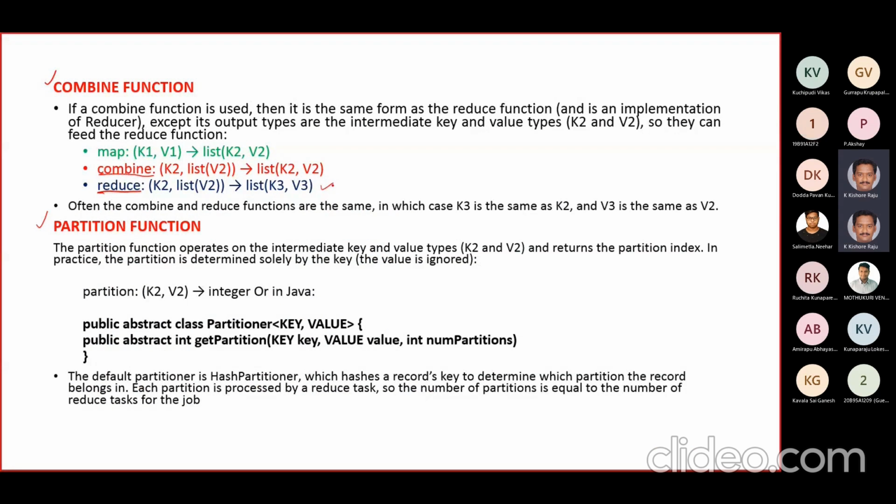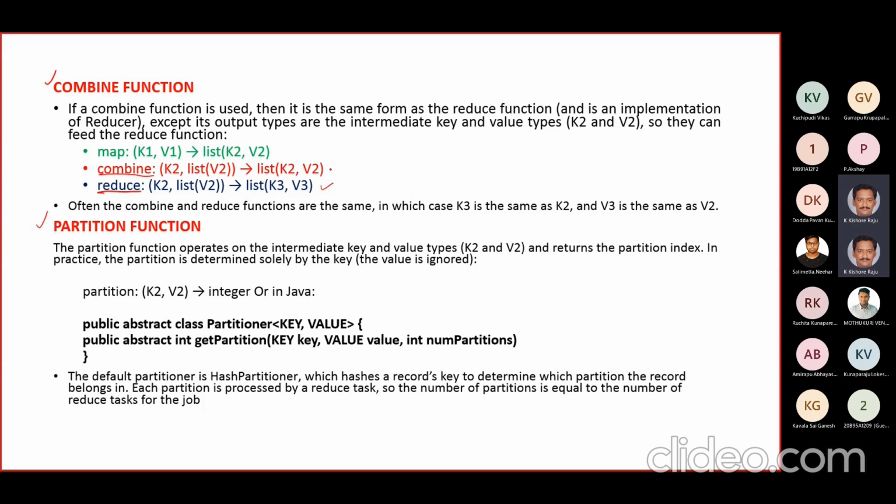The reducer is the ultimate aggregation at the end of the MapReduce. But if you want to aggregate at the mapper level itself, the reducer will be applied at the end of every individual map, and that reducer applied to an individual map is called a combiner.